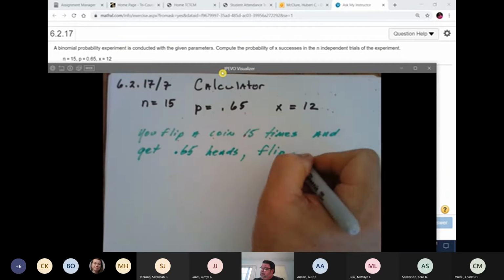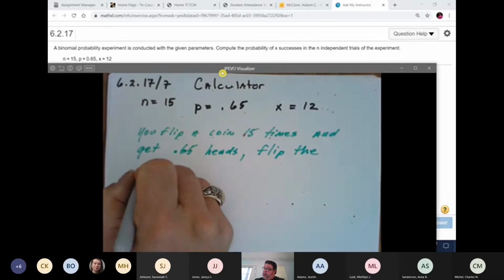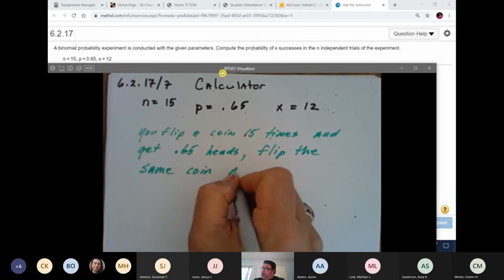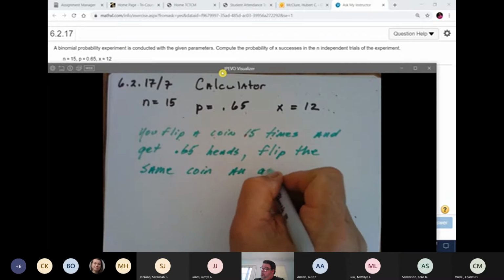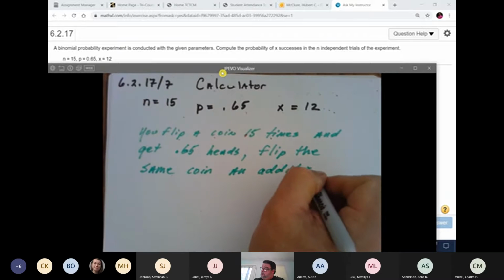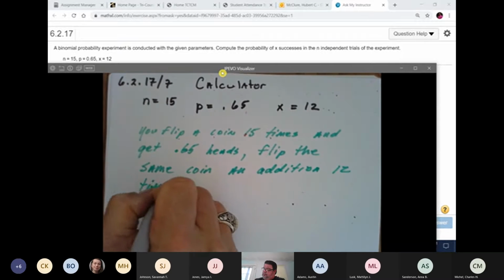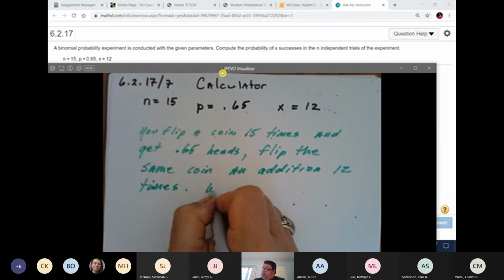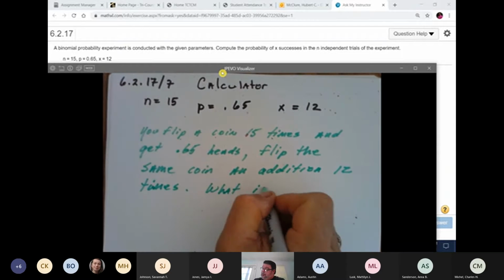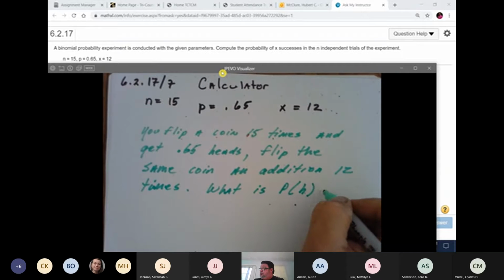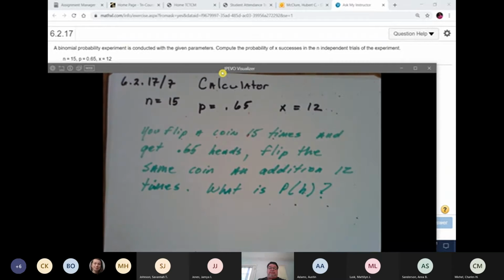Flip the same coin an additional 12 times, what is the probability of heads for those additional 12 times? Okay, that's the type of question that this would ask.